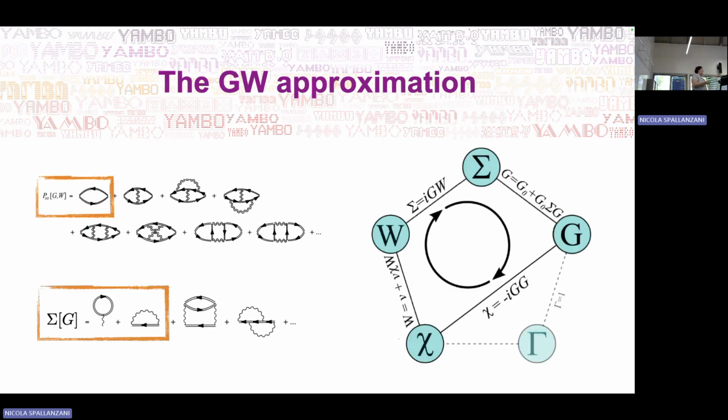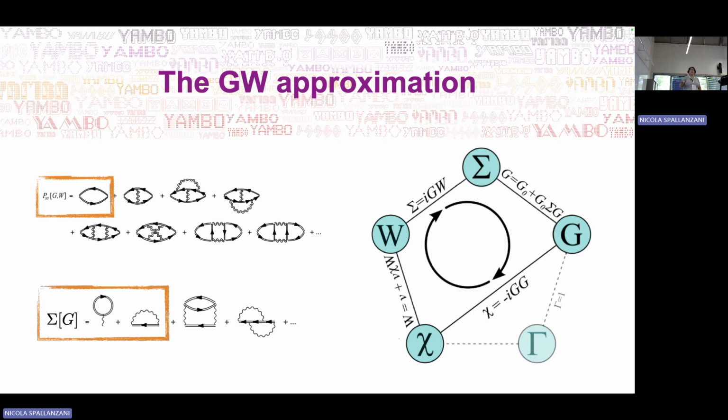So we don't solve these equations as I showed before. We neglect this vertex here, saying that it is 1. So we simplify the response function, which is now given just in terms of the one-particle Green function. The GW approximation corresponds to solving the equations in this set.